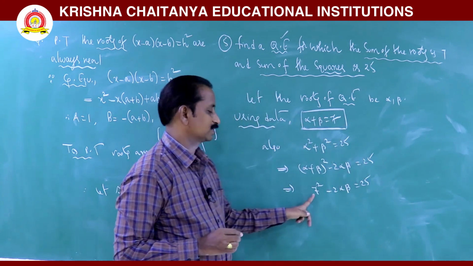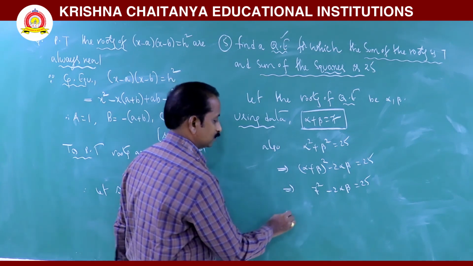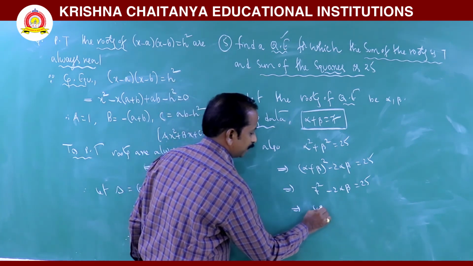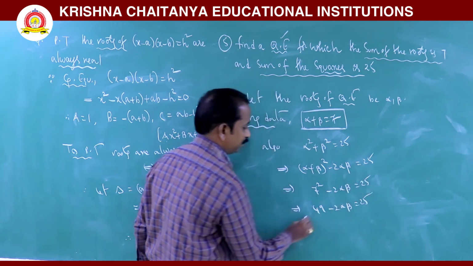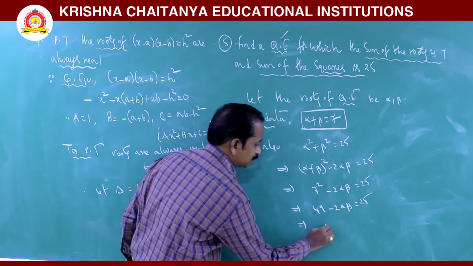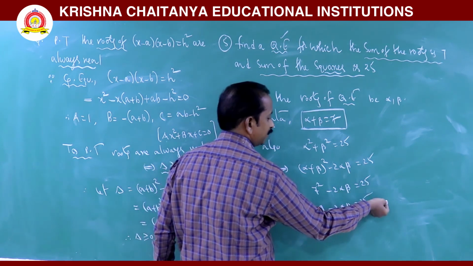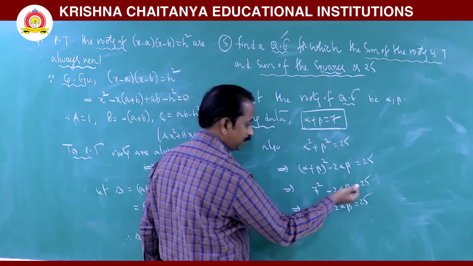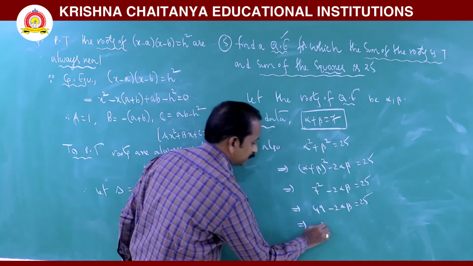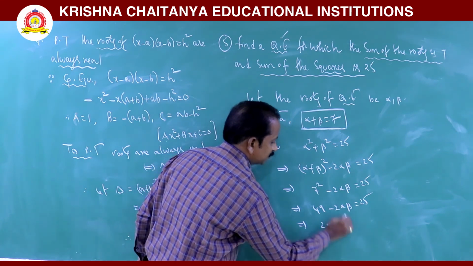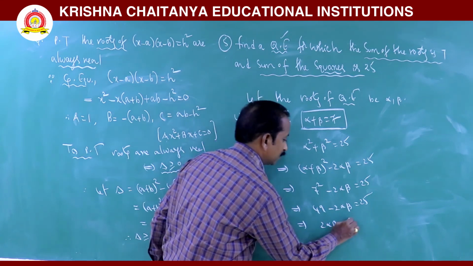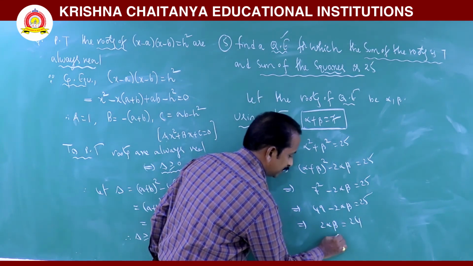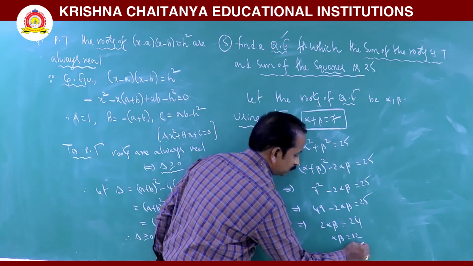The value of 7 square is 49. So 49 minus 2 alpha beta is equal to 25. Taking minus 2 alpha beta to the RHS and 25 to the LHS, 2 alpha beta is nothing but 49 minus 25, which is 24. Then alpha beta is equal to 12.